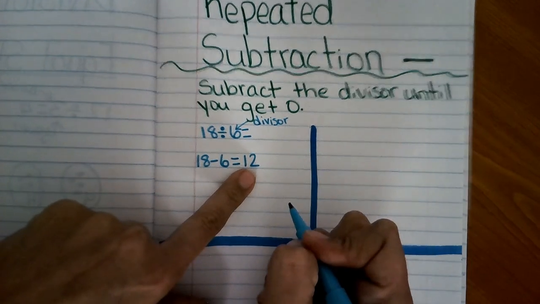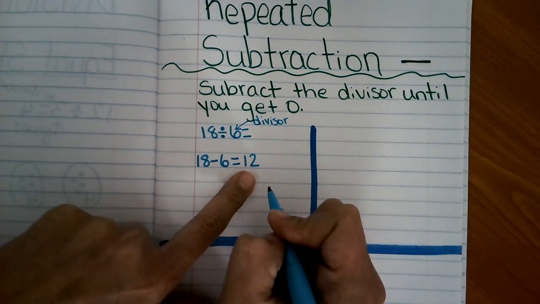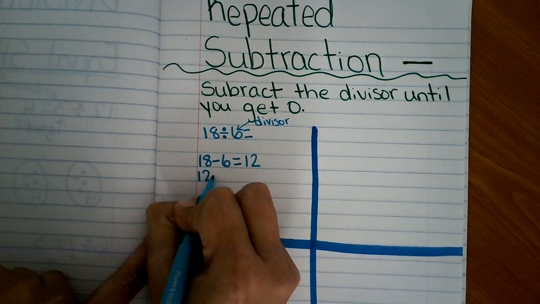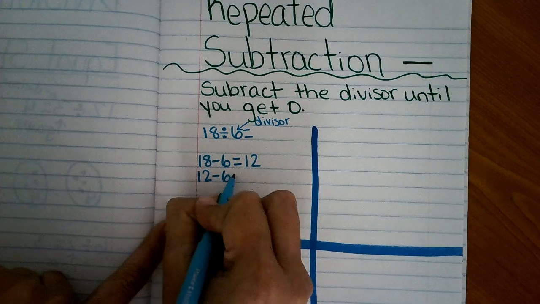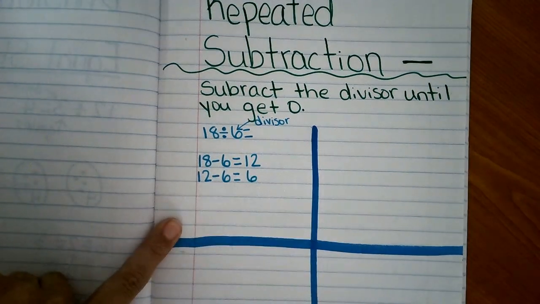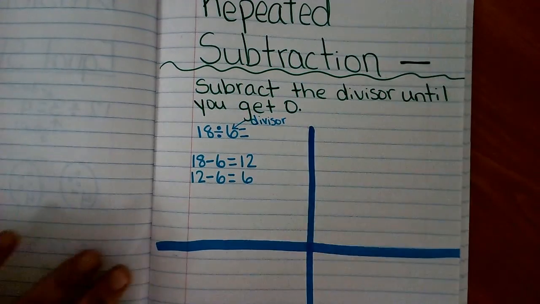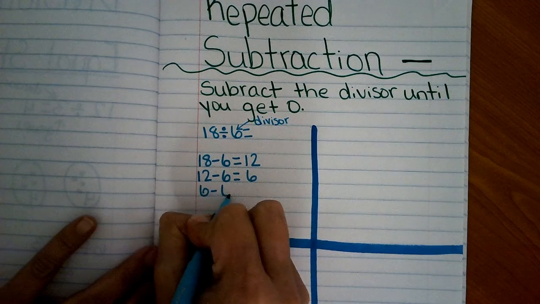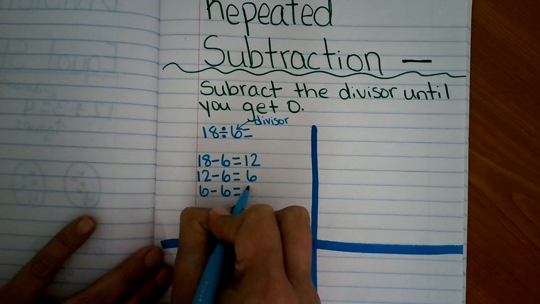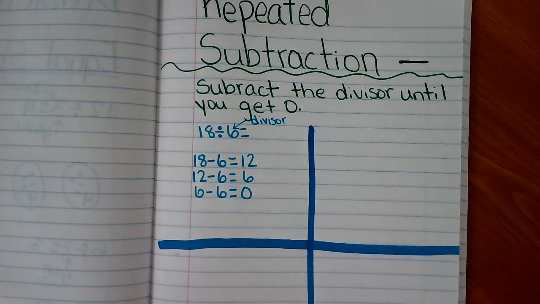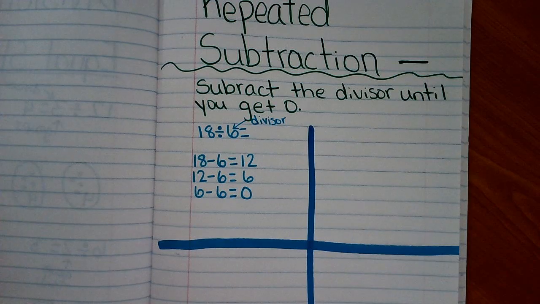Then I'm going to take what I have left as my answer. So 12 minus 6 equals 6. And then I'm going to subtract again. 6 minus 6 equals 0. And once I get to 0, I stop, because my goal is to subtract until I get to 0.